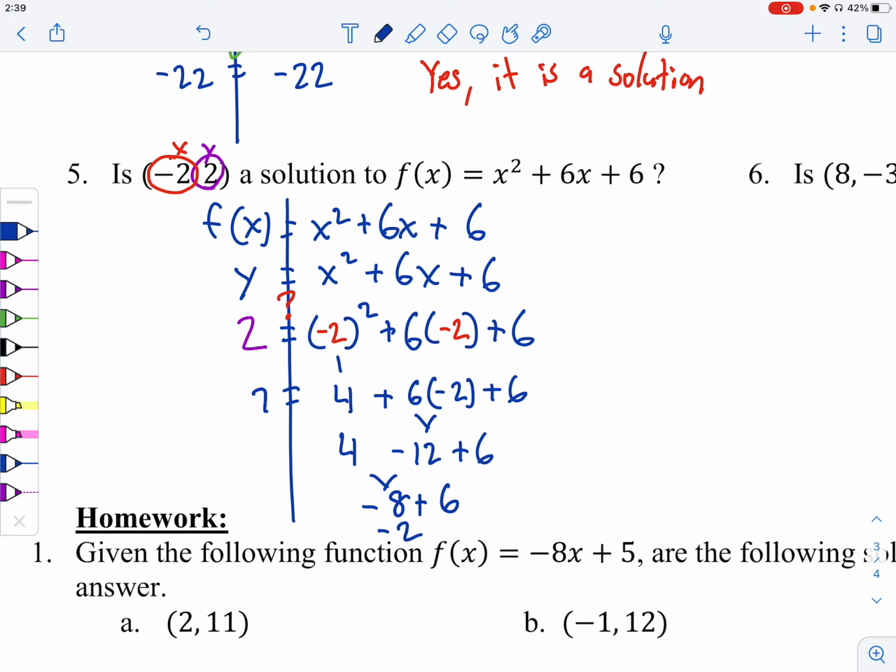Okay, so we see 2 and negative 2. These are not equal, so not a solution. So no, not a solution.